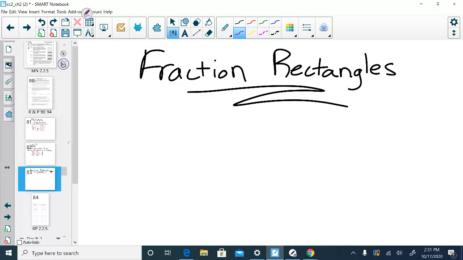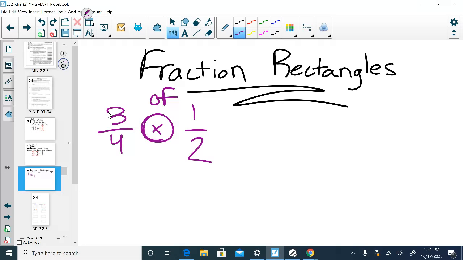Let's start off by thinking of what 3/4 times 1/2 is saying. This multiplication symbol means of. And so basically it's saying that you're taking 3/4 of 1/2, meaning you are taking a piece or a fraction of another piece or fraction.